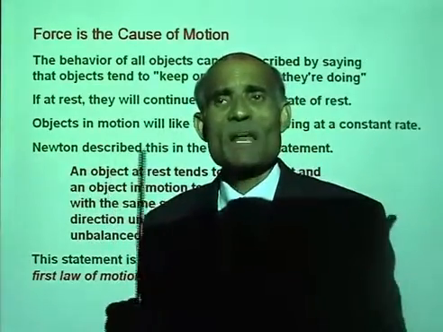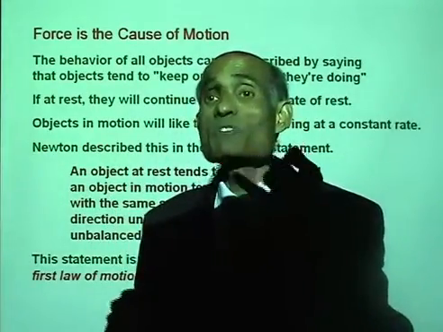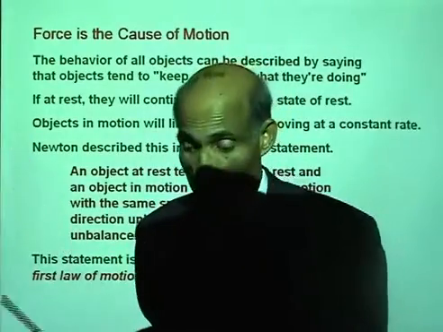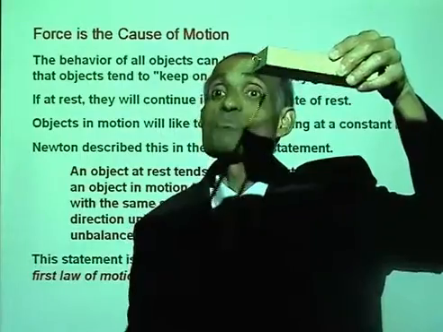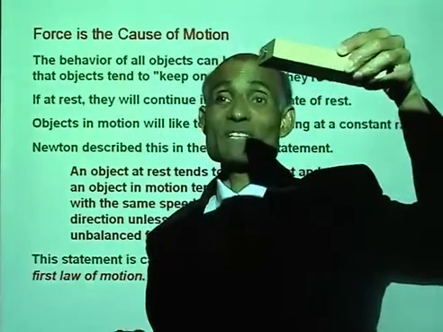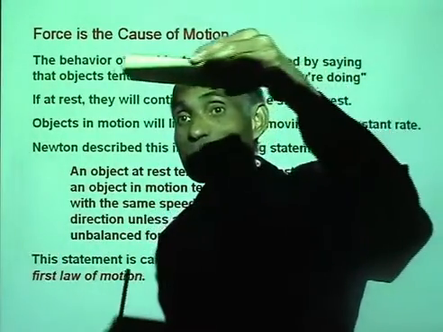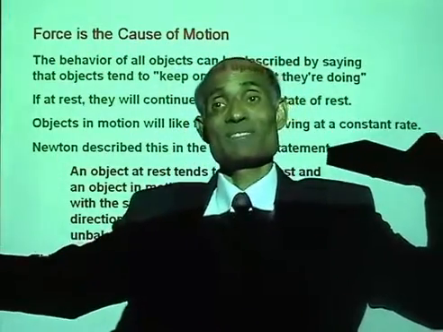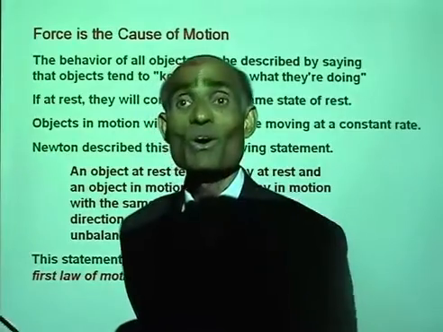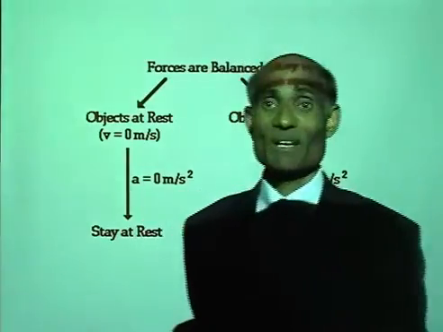Very simple. You could tell me, if an unbalanced force does not act on an object, if an object is at rest, it will keep on being at rest. If an object is in motion, it will keep on being in motion. That is the first law of motion.